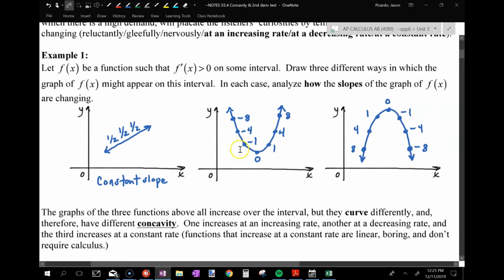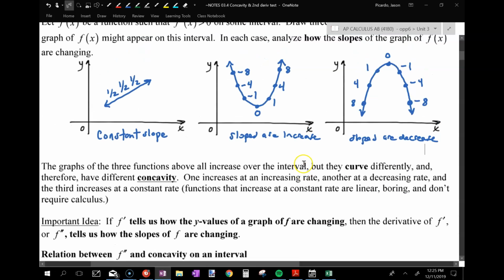Okay? All right, so this is where the slopes are increasing. Here the slopes are decreasing. All right, new phrase. These three curves, guys, have what I'm going to call concavity.